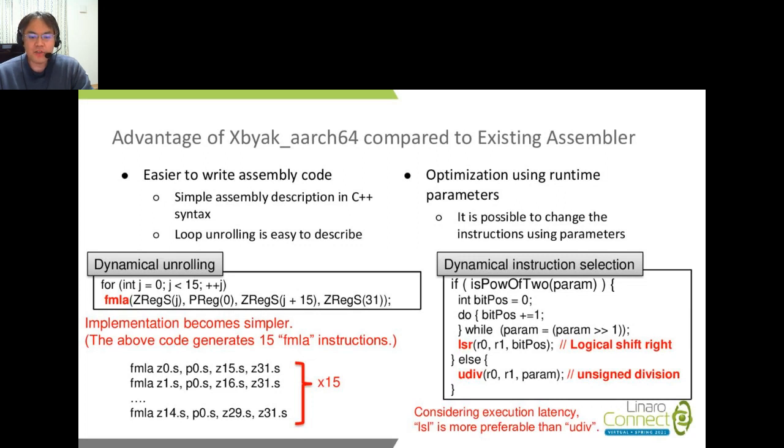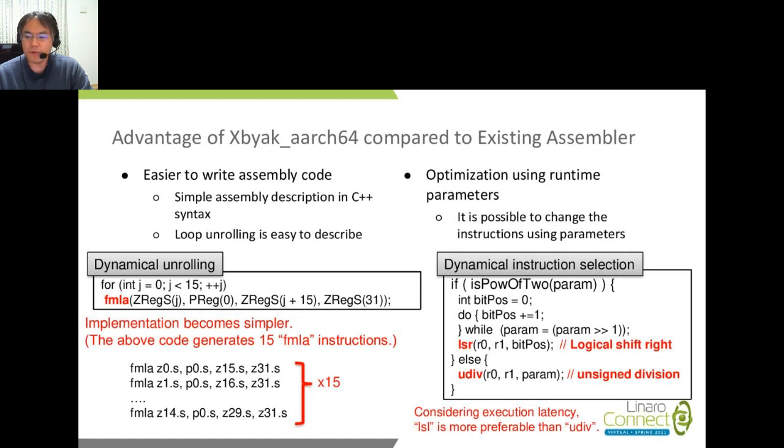The right side shows the dynamical instruction selection. Here, we consider division, x1 over the param. The x1 register has the dividend number, and the param is the divisor. As you know, if the divisor is power of 2, we can use logical shift to right instruction instead of division instruction.